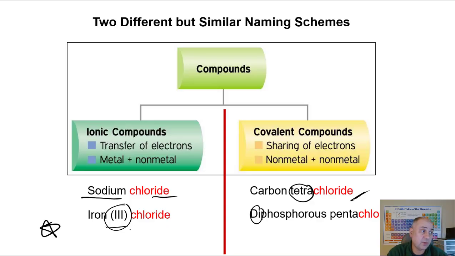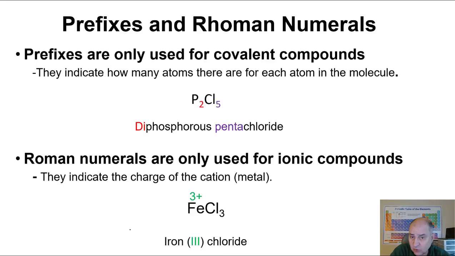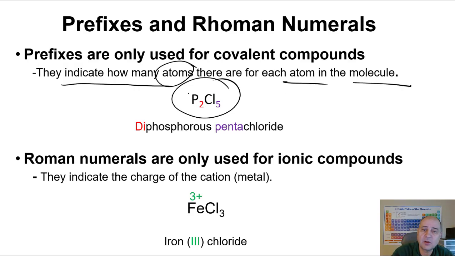And then there's this question of when do we use a Roman numeral and when do we use a prefix? So this summary slide tells you this. It always indicates how many atoms there are for each atom in a molecule. This is a molecule.